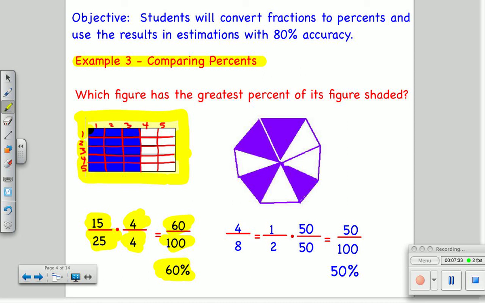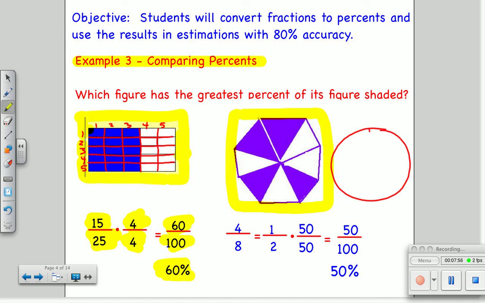Now how about the other one? This time, if it's easier, you can just go ahead and draw a circle for this one. Okay? I shaded it because I do want you to draw it, but if you want to draw a circle and divide the circle into 8 parts, that might be easier for you.